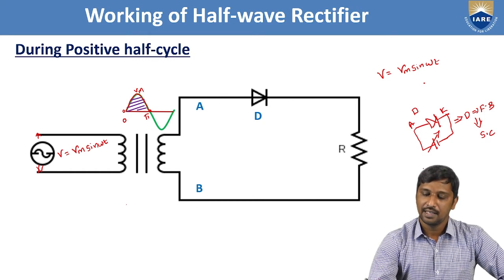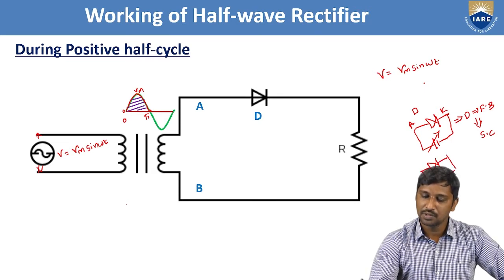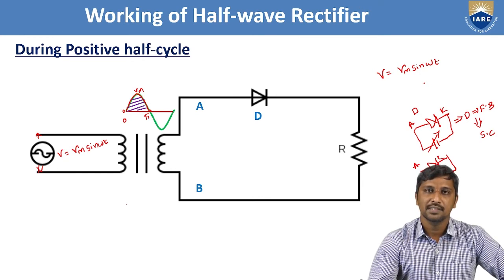Similarly, if the diode is operated under reverse bias, suppose the anode is connected to the negative pole of the battery and the cathode is connected to the positive pole, then the diode is reverse biased.